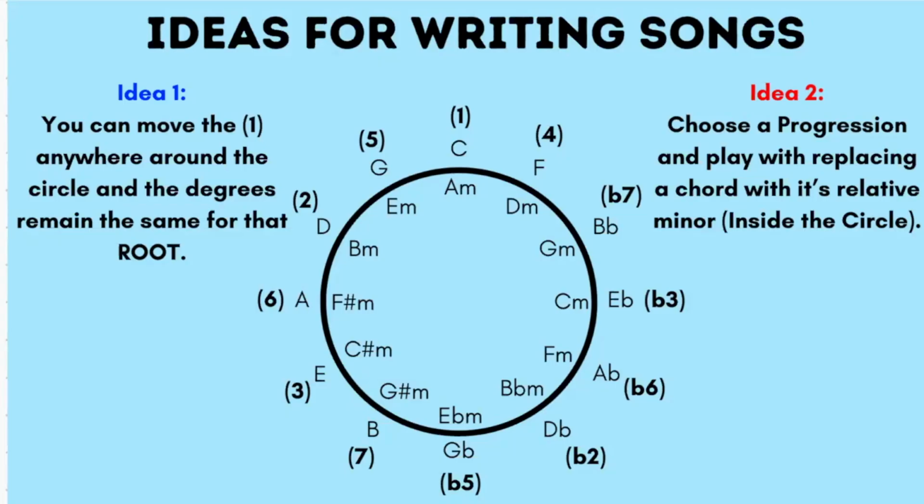Let's try with the G now. So we have C, F, and G. And now let's replace the G with an E minor, its relative minor. So C, F, E minor. And then you can get a feeling for what comes next. For me, in that progression, it feels like it would resolve if there was a G on the end.